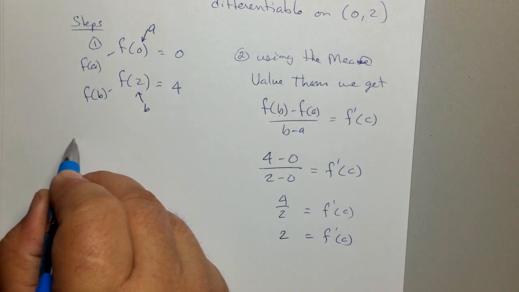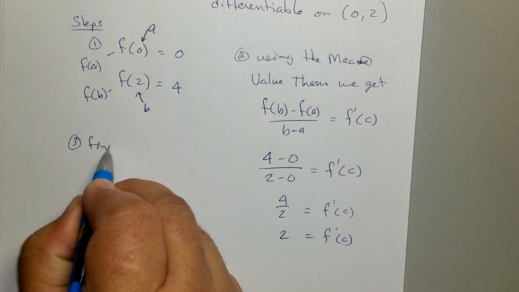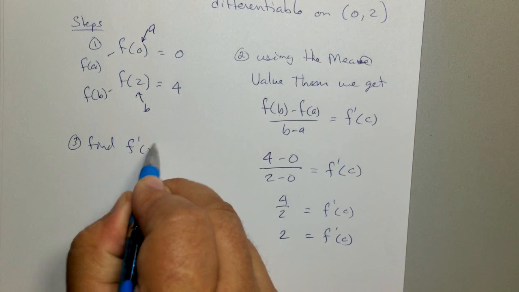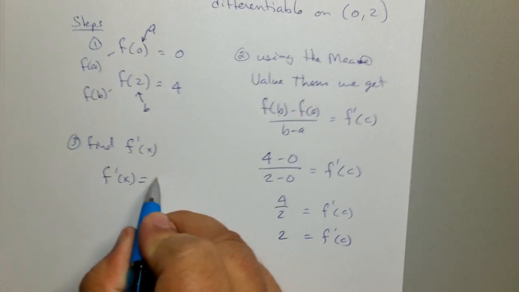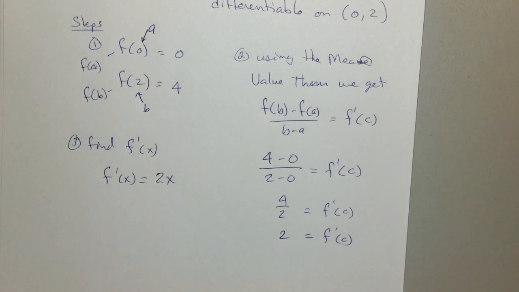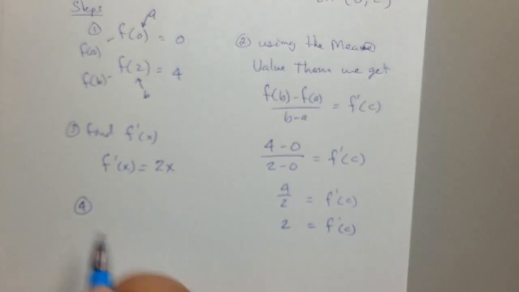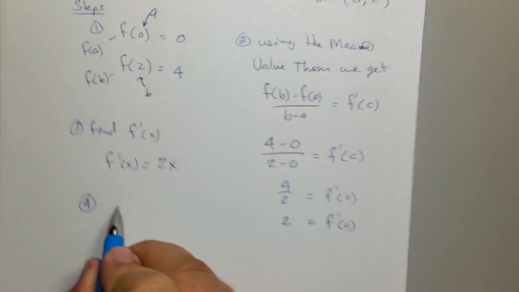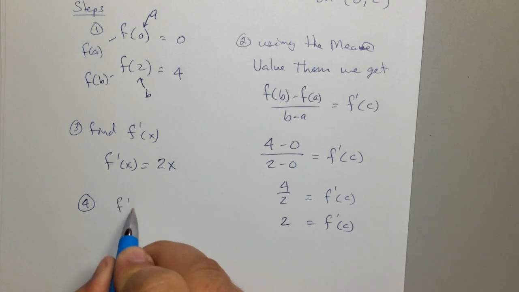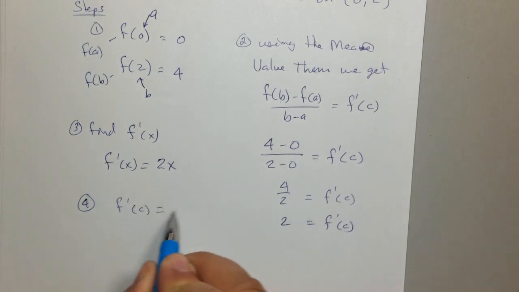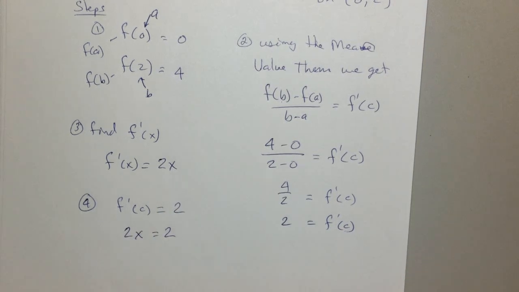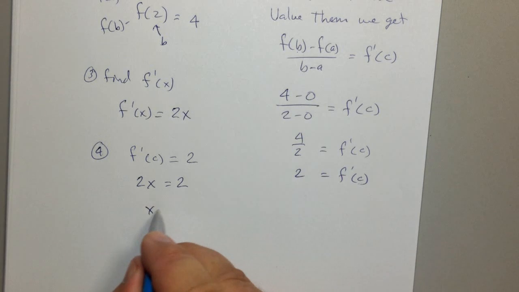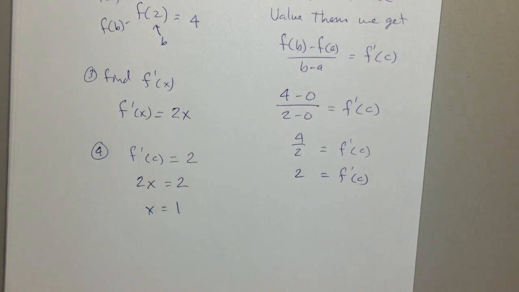So what's the first derivative? 2x. So f prime at some value c has to equal 2. So 2x equals 2. X equals 1.